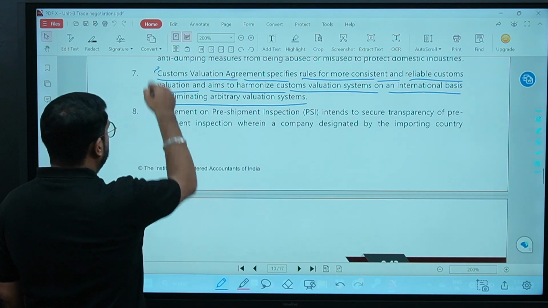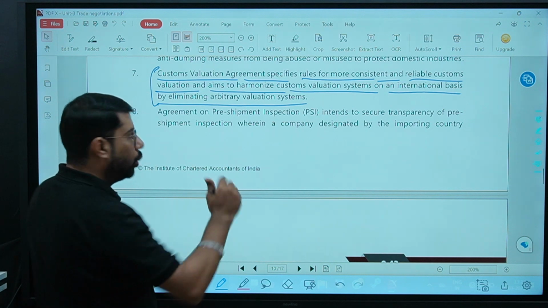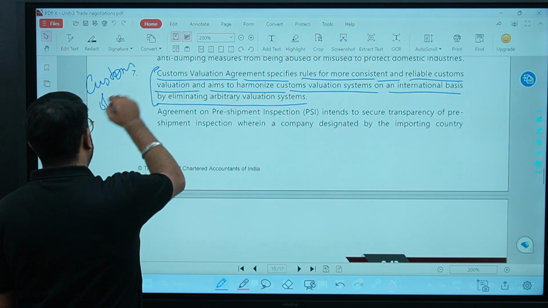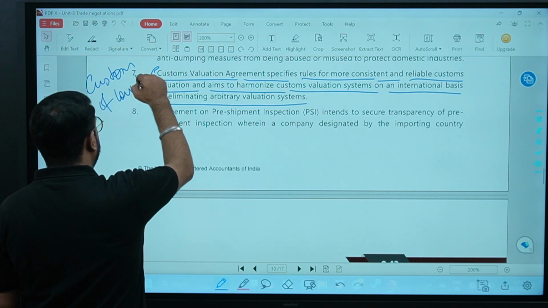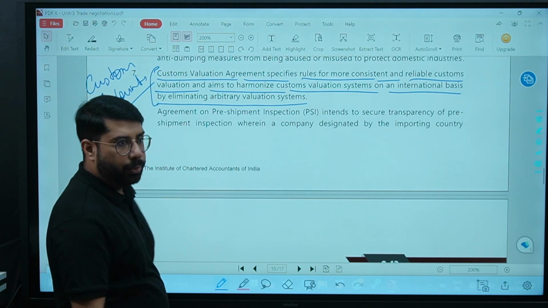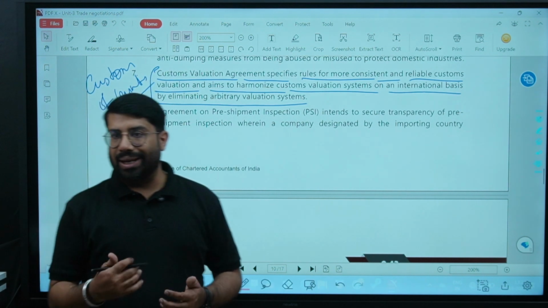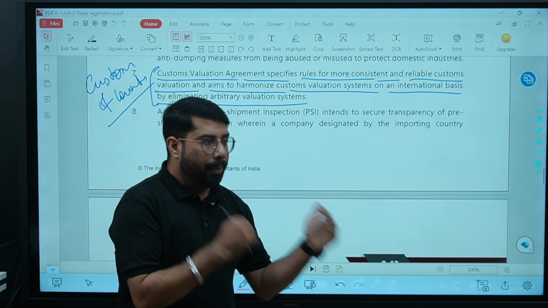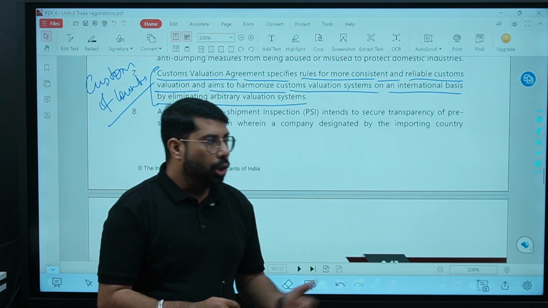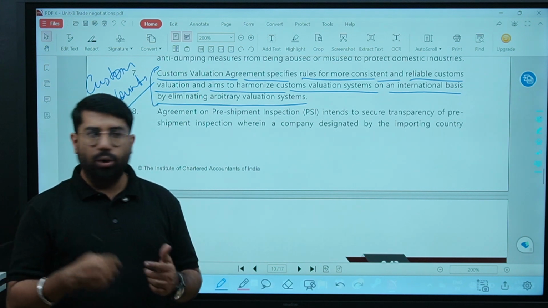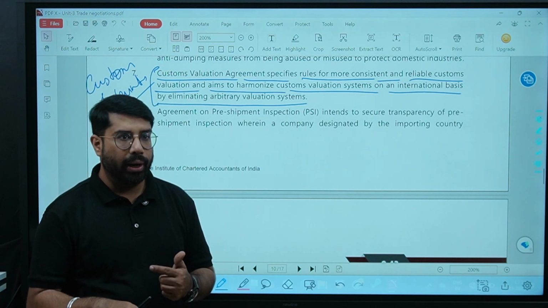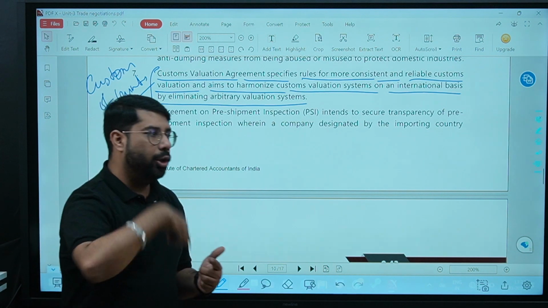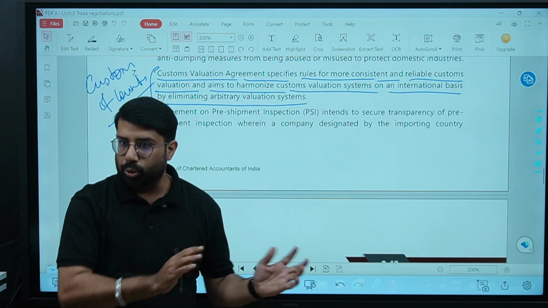Simply speaking, whatever trading you do, you will follow the custom of the particular country with which you are trading. How trading is conducted in that country, you should follow that base first. You cannot simply say that we will do the trading like that only. Are you getting the point? So we have to follow the way of trading of that particular country also.